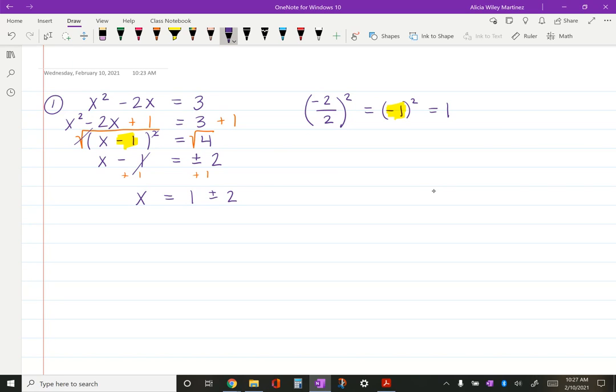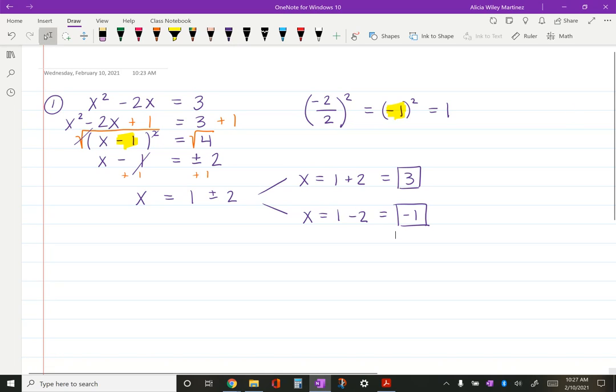Those answers are going to be x equals 1 plus 2 and x equals 1 minus 2, giving you answers of 3 and negative 1. So if you were to graph this quadratic, if it were in standard form, set equal to y, these are the 2 values that would represent our x-intercepts.